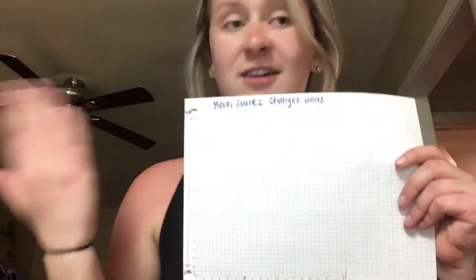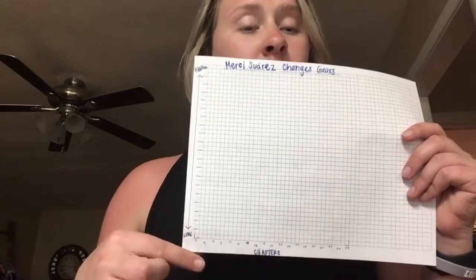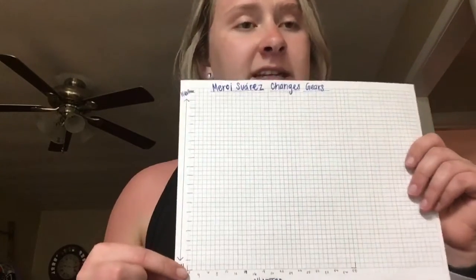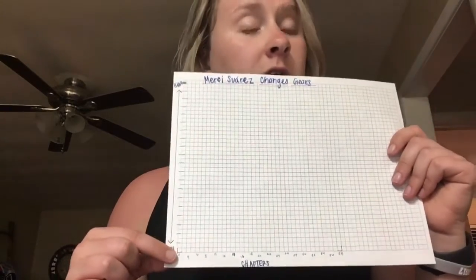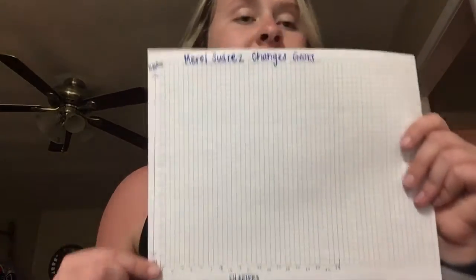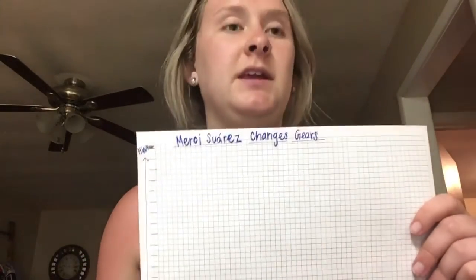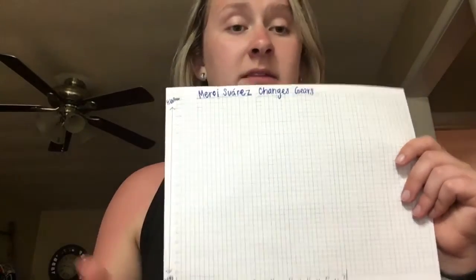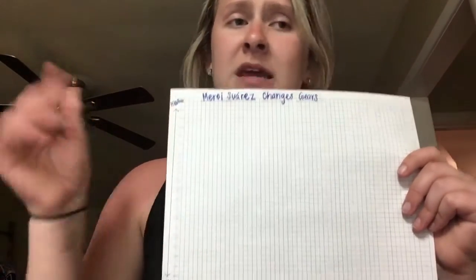I didn't necessarily mark it for us because I wanted to show you how easy it is to set up. It's kind of like math: you're just going to set it up like a graph, like you're going to graph something in math. The plot is different in each chapter book.